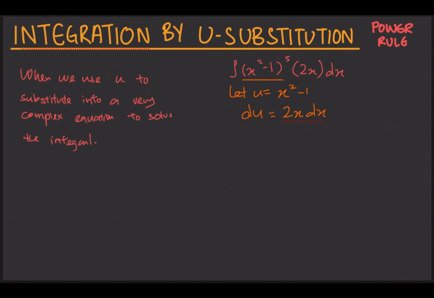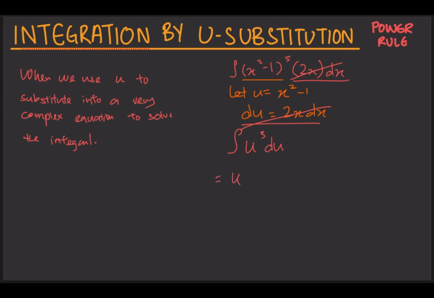What we get afterwards is the integral of U power 5, because U equals x squared minus 1, and then we just take du, because this part has essentially cancelled out. So we can easily solve using the power rule here.